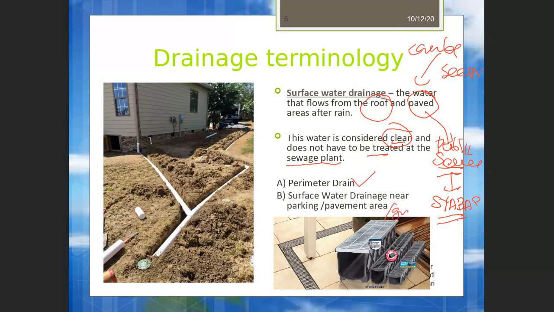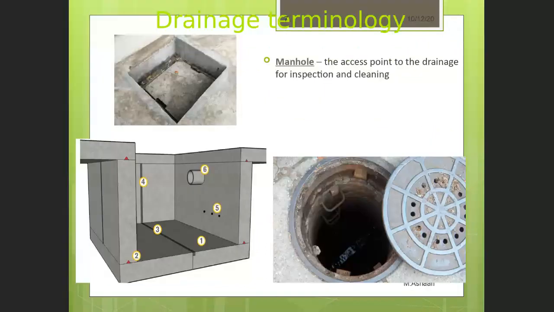And then the other one is perimeter drain. This is one of the examples of the drainage system that you may see in a housing project or commercial project. We also have another term that I would like you to be familiar with: access point.